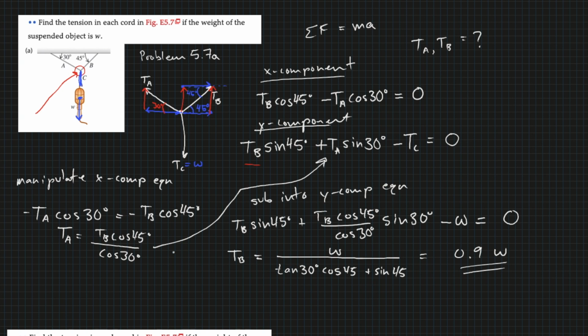Then to solve for tension A, all I need to do is take my original manipulated version of the x component equation and substitute in my new value for tension B. So do that real quick.